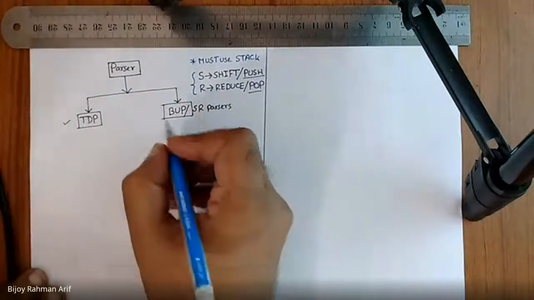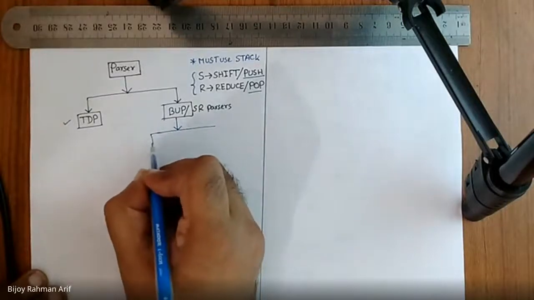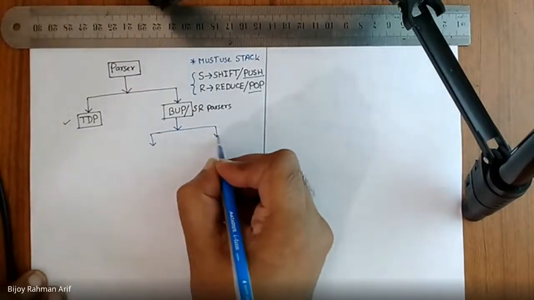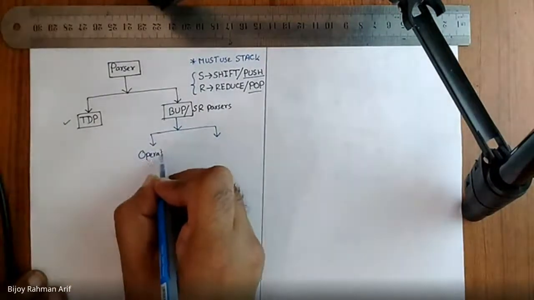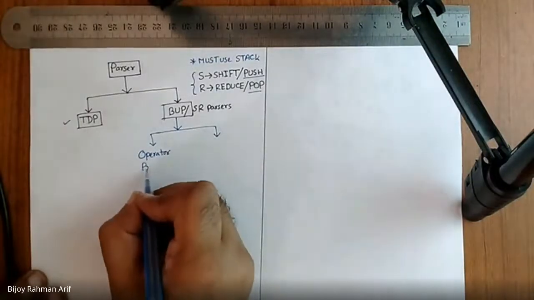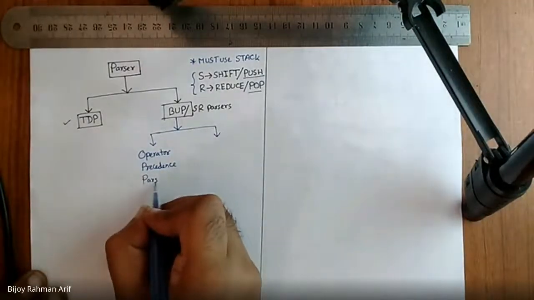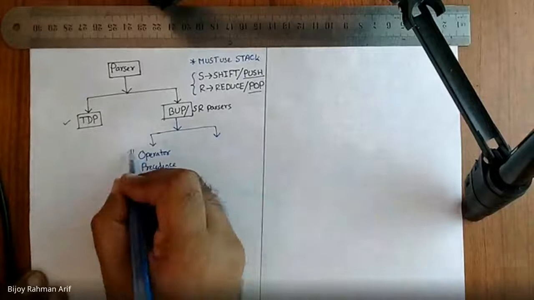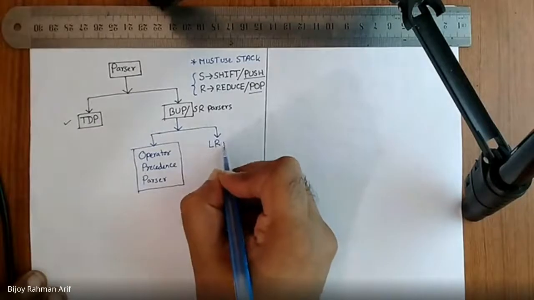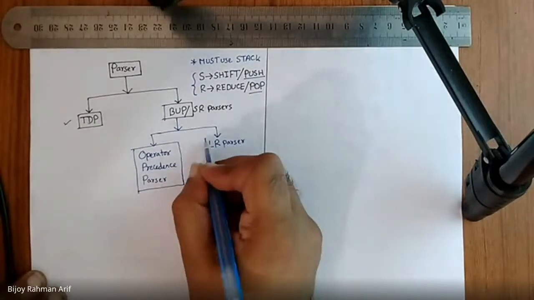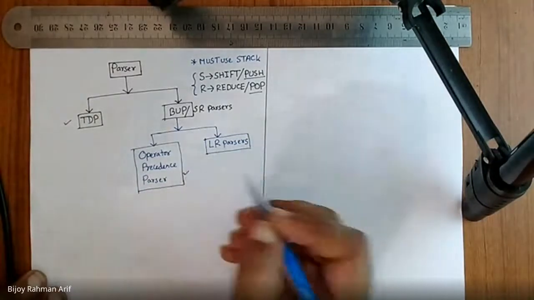All right. So bottom-up parsers are also subdivided into two broad categories. The first one, which we are going to cover today, is the operator precedence parser, and another one is LR parsers. We are going to deal with LR parsers in much more detail later, but right now we are going to talk about the operator precedence parser.